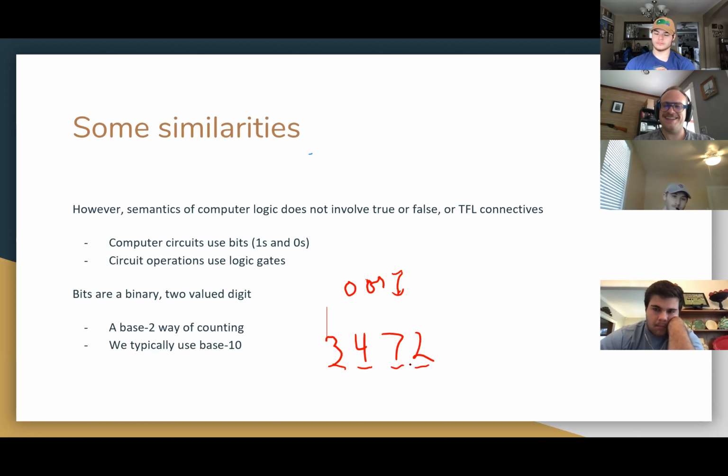Well, maybe not. Can anyone think of why we use base 10? What is your hypothesis? Why did base 10 evolve as the way we count? We have 10 fingers. Yes, Judson's got it.